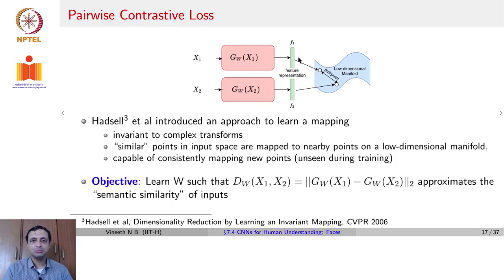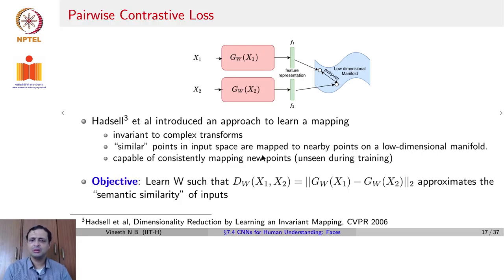Generally these embeddings have a lower dimensionality than the image itself. The image could be a 200 cross 200 image, whereas the embedding could just be a 1000 dimensional vector or a 4000 dimensional vector. We ideally want these embeddings that lie on, say, a 1000 dimensional manifold or a 4000 dimensional manifold to be similar to each other for similar entities and far away from each other for dissimilar entities.